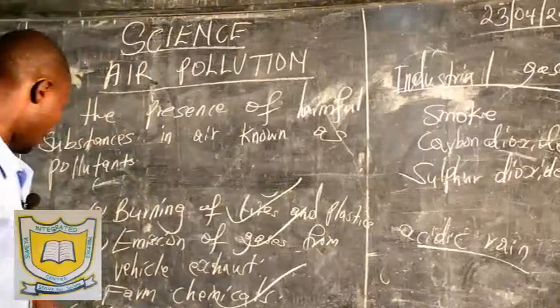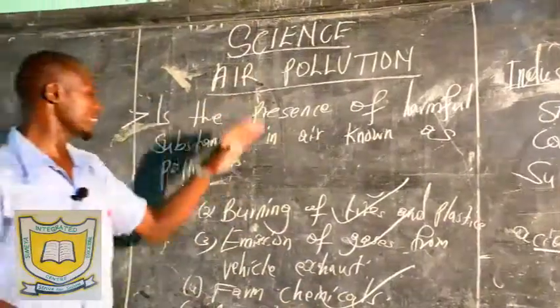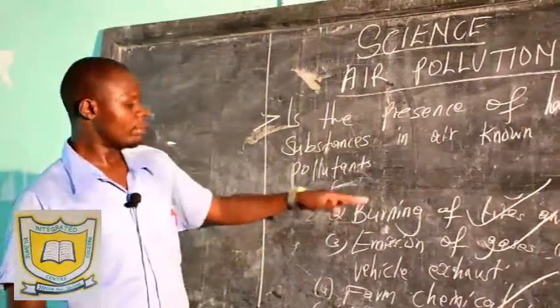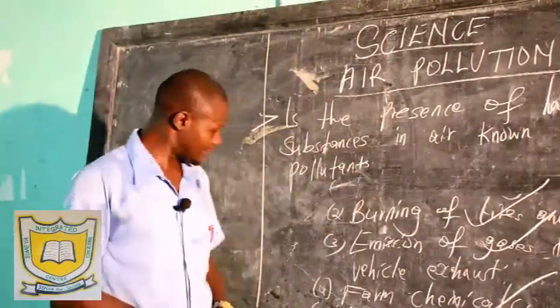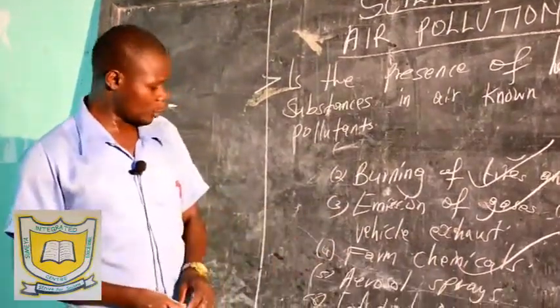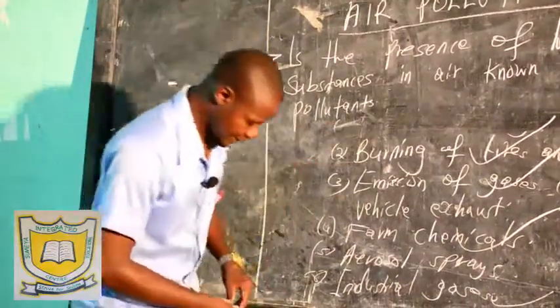Now, we have discussed all the 6 ways of polluting the air: tobacco smoking, burning of tires and plastics, emission of gases from vehicle exhaust, farm chemicals, aerosol sprays, and lastly industrial gases.